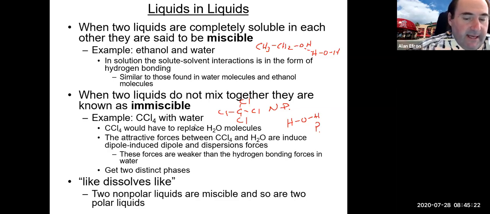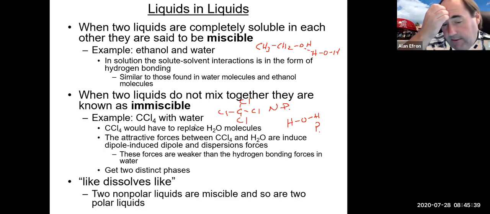Well, the best that the carbon tetrachloride could do is it's going to try to use dispersion forces, and they're not going to be able to, for a long period of time, interact really well with each other, and they're not going to be mixed or soluble in each other, and they basically will separate out.